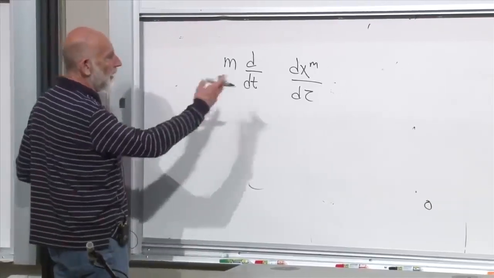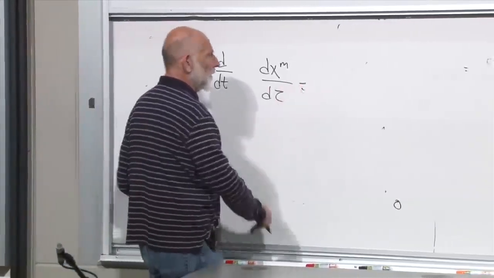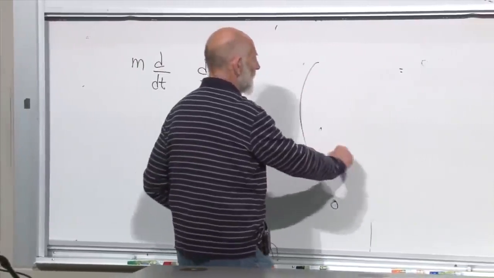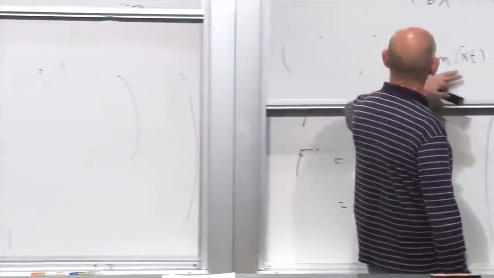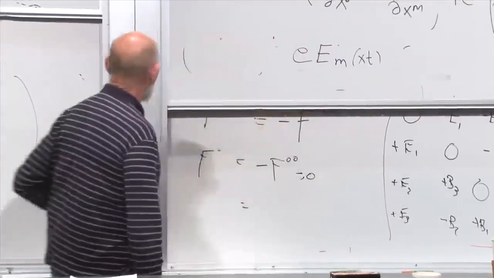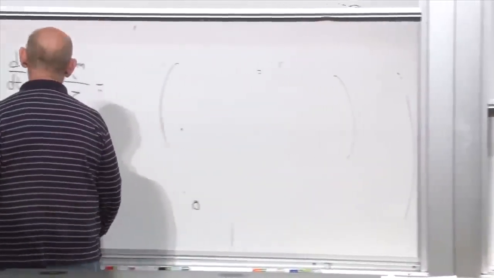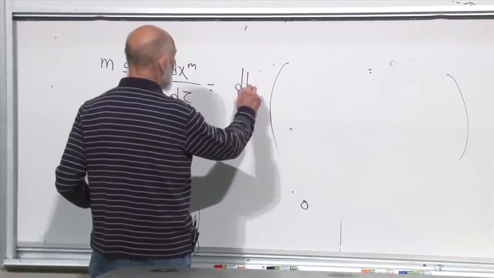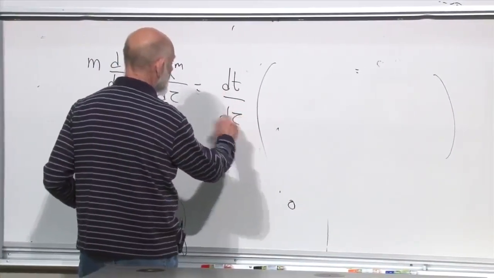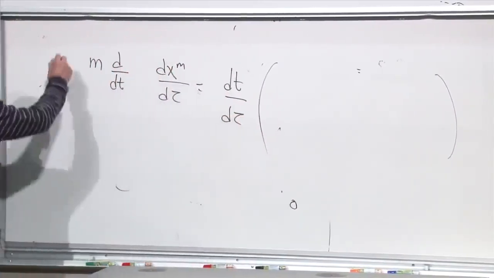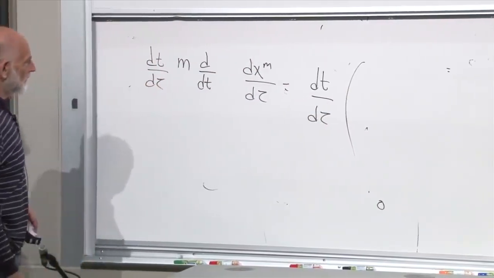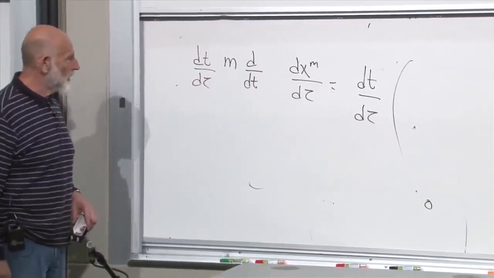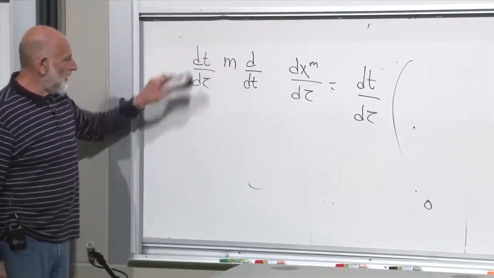So what do I do with this? I'm going to multiply all the stuff here, everything that comes from the right-hand side of the equation, wherever it is. I'm going to multiply both sides of the equation by dt by d tau. What do I get on the left side? d by dt times dt by d tau, what's that?